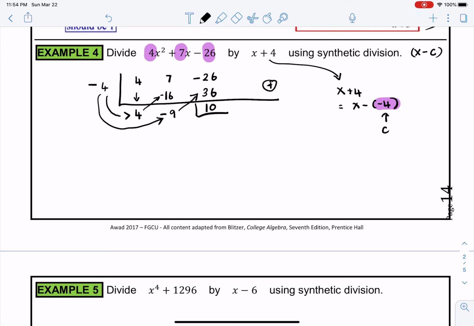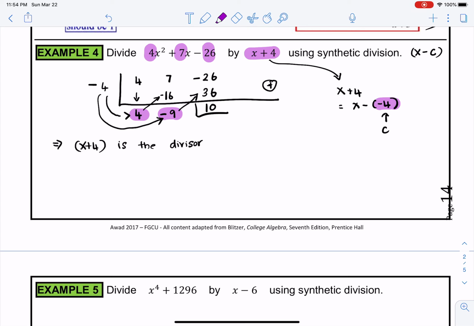So we divided the original function by x plus 4, which would imply that x plus 4 is the divisor. And those two numbers would form the coefficient of the quotient.